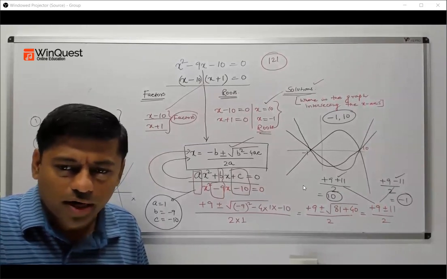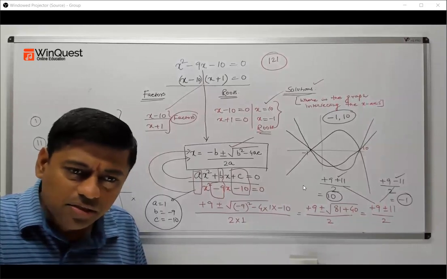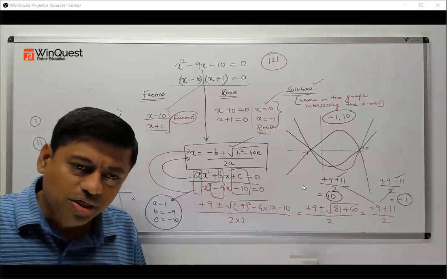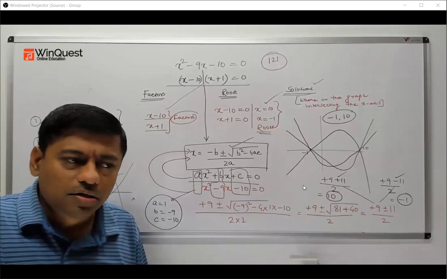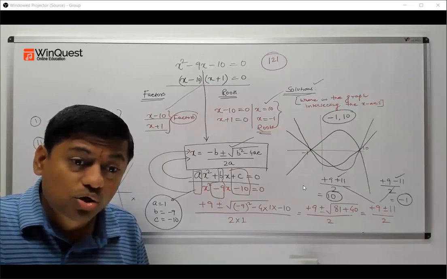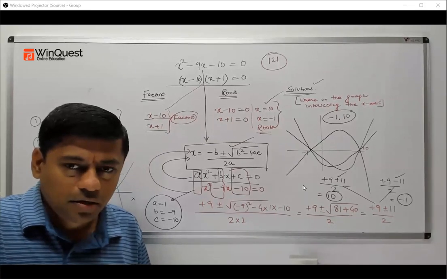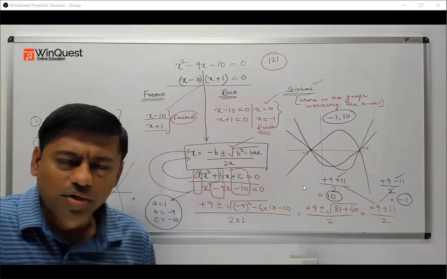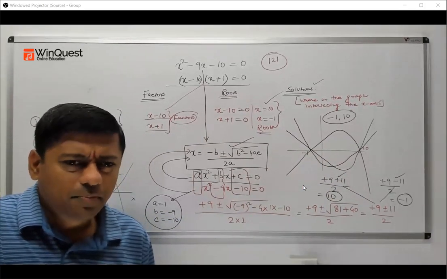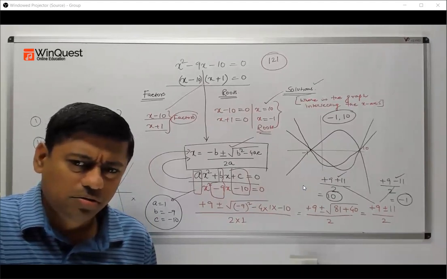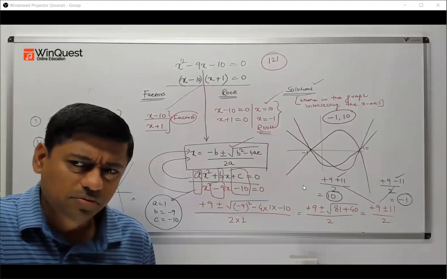So far we all followed, right? So factors, we are clear. Roots, we are clear. Solutions means wherever the graph is intersecting the x-axis, right? But guys, there is one thing I didn't tell you: a parabola may not touch the x-axis. Is it possible?